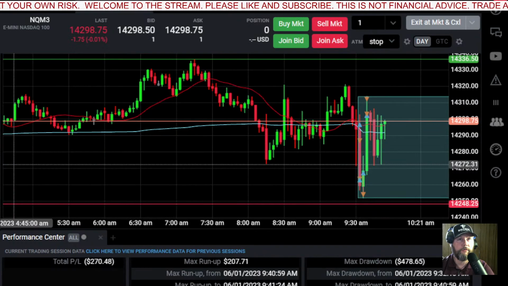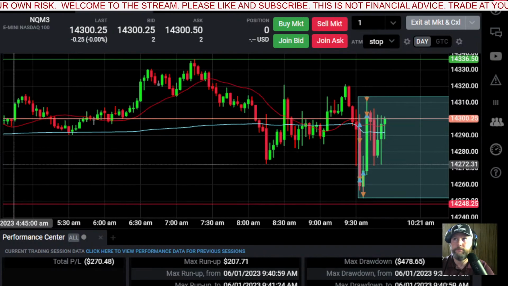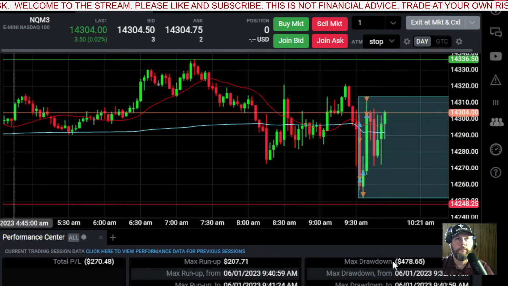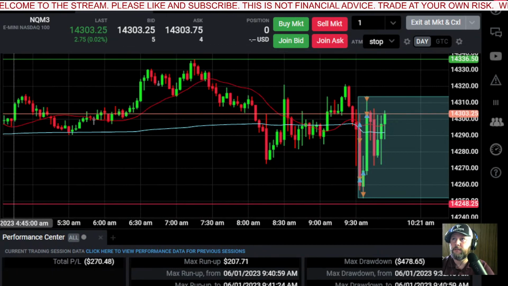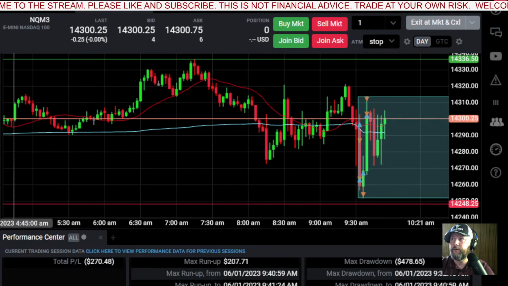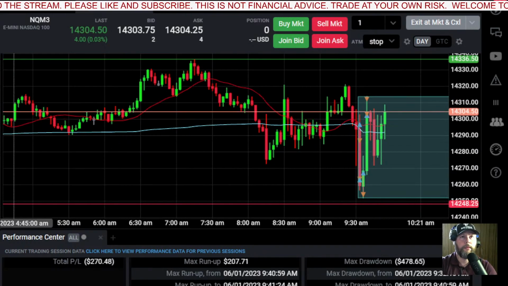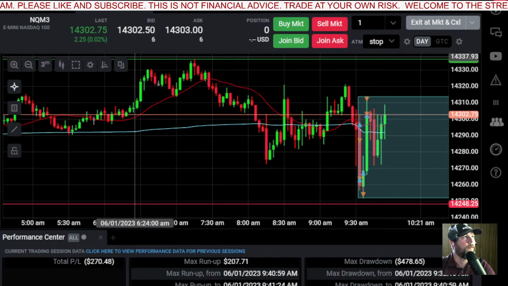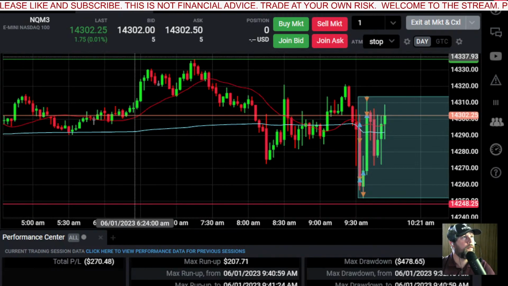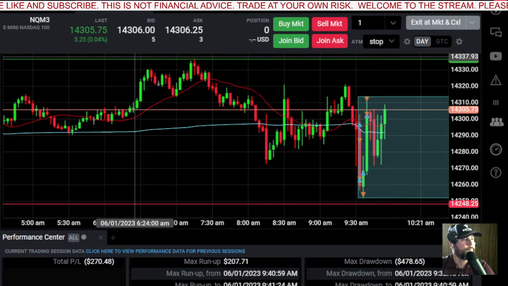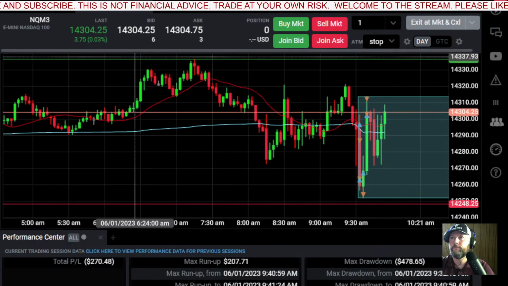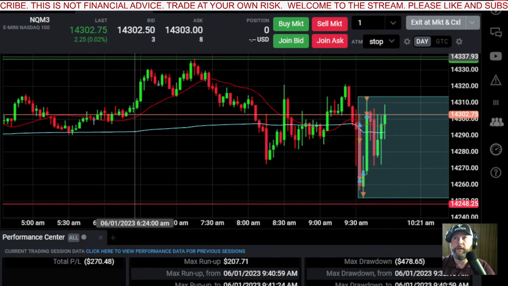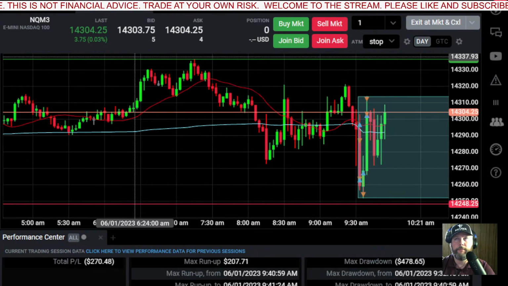Nasdaq still just hanging out right here at this 20 SMA and VWAP. Trying to move up now, but the ES is still hanging out down near the lows. So about 2.5 minutes till those morning numbers come out now.